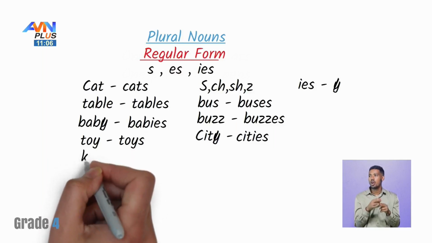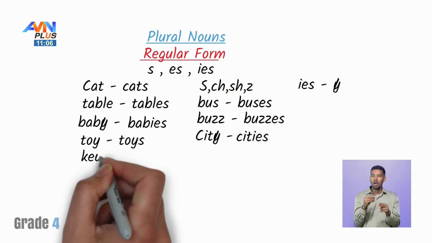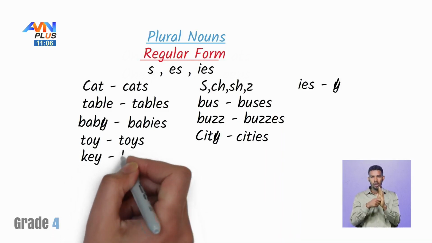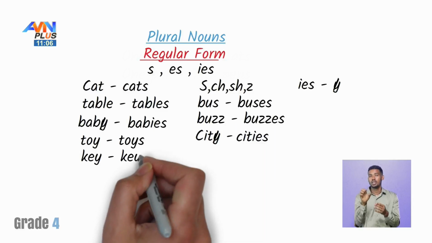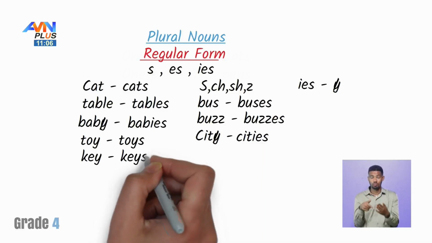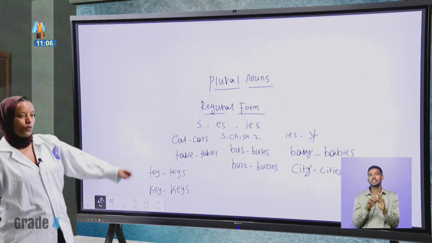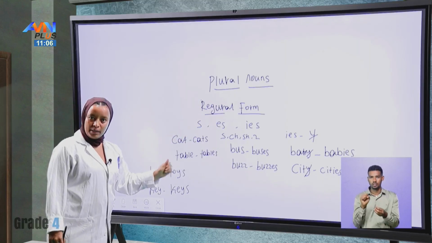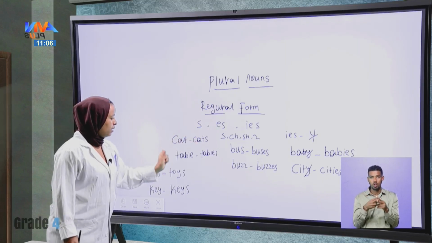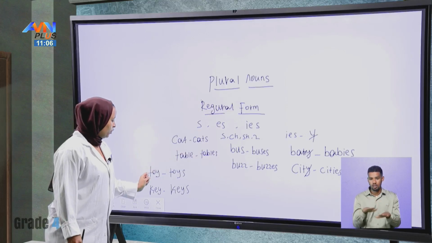Let us add one more, key, the same as toy, ending with vowel e, key, keys.